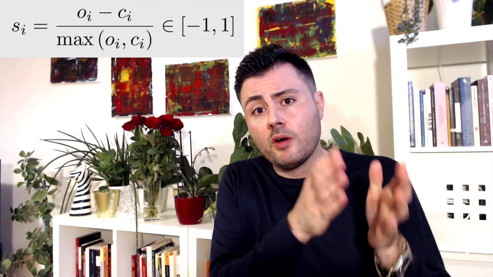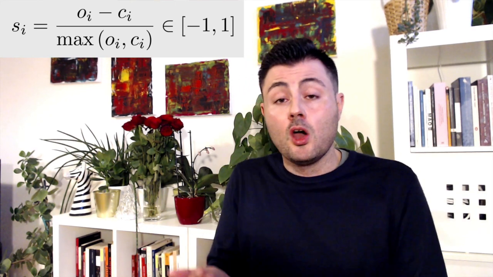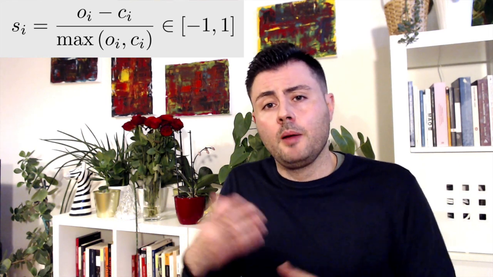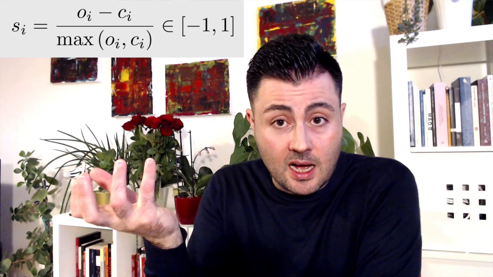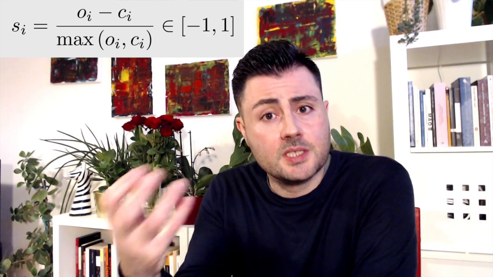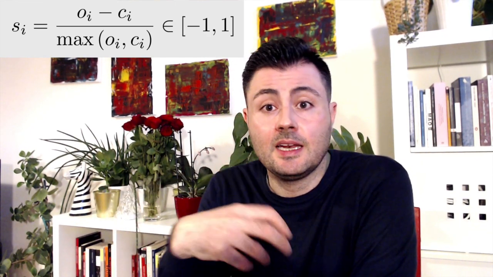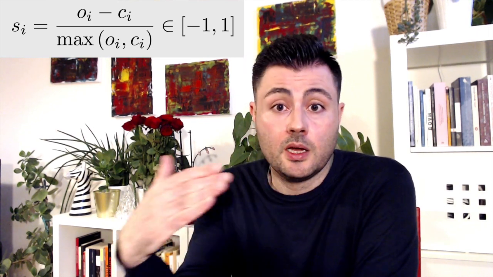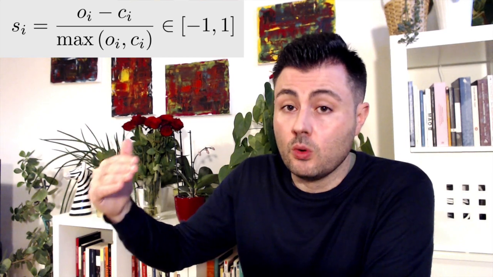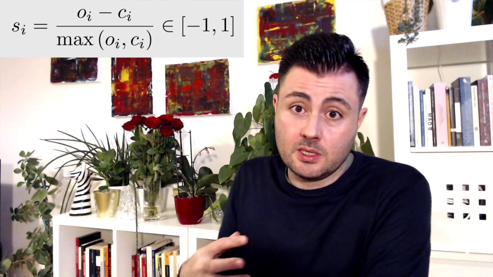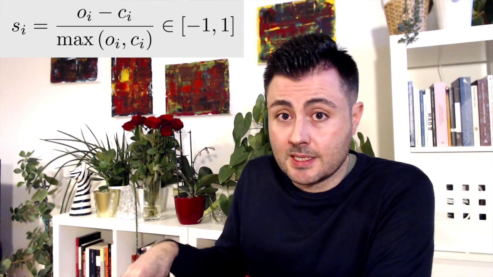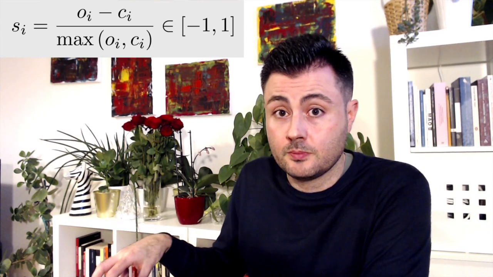Now, taking Oi minus Ci over the maximum between the 2, I obtain a quantity Si that I call silhouette score. The silhouette score necessarily lies between -1 and 1. The higher, so the closer the silhouette score to 1, the better the allocation of our observation to the cluster it belongs to.